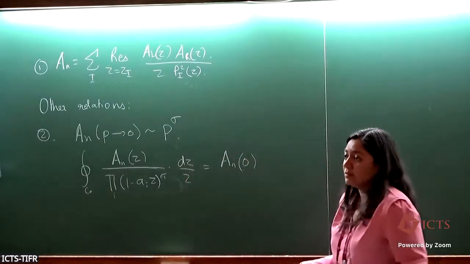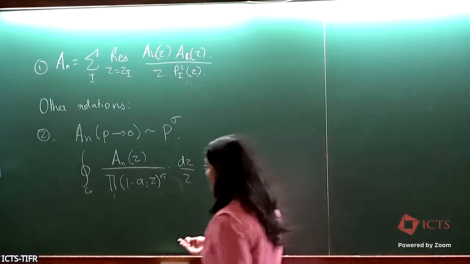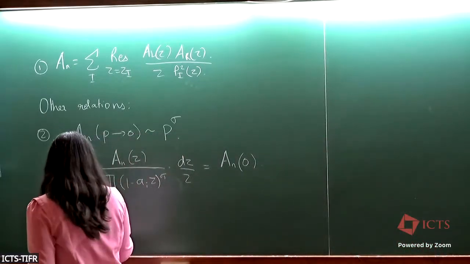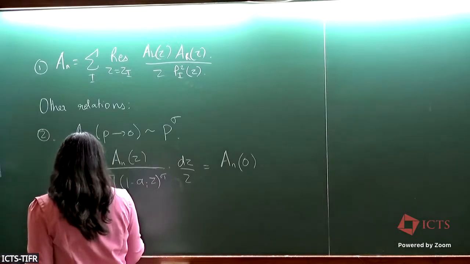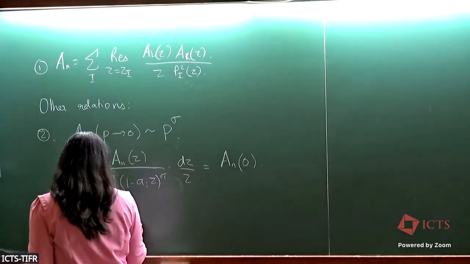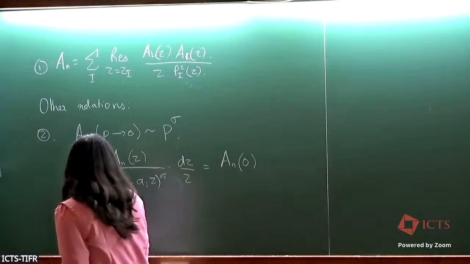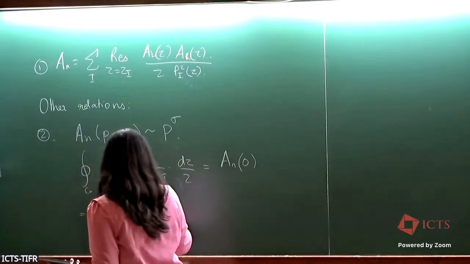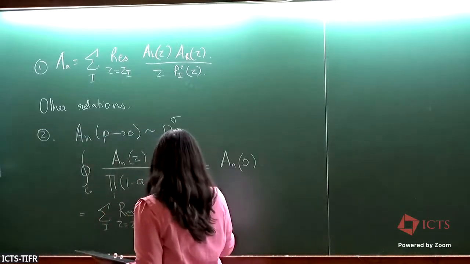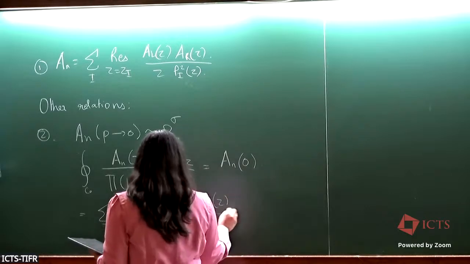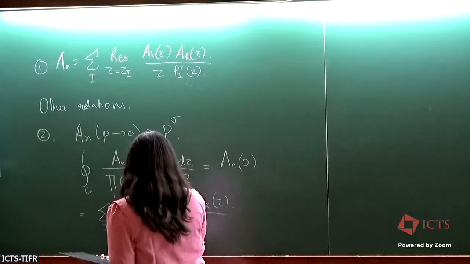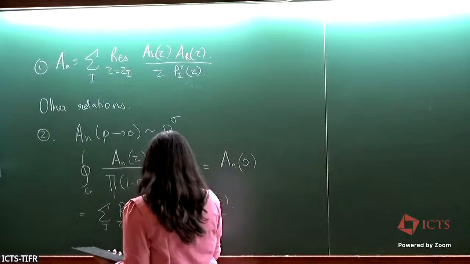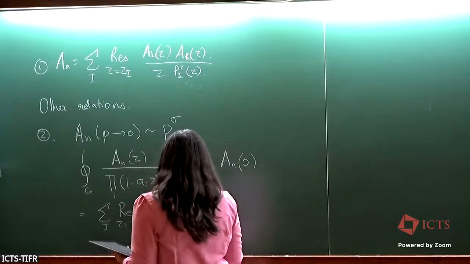And I can play the same trick. If at z equals infinity it vanishes, then I can write this as a sum over residues, v_i plus minus. So again, I've just factorized this, but now it's a more complicated function that I have to evaluate the residue of.